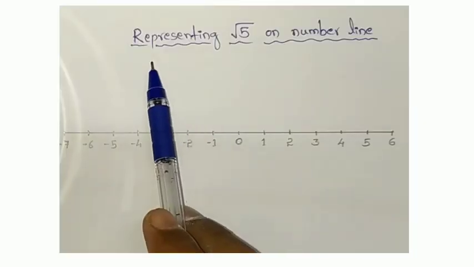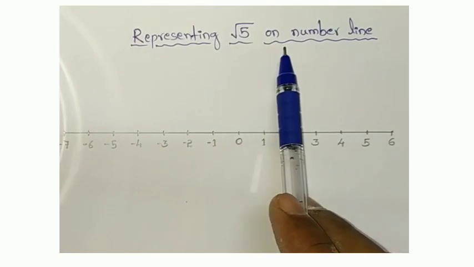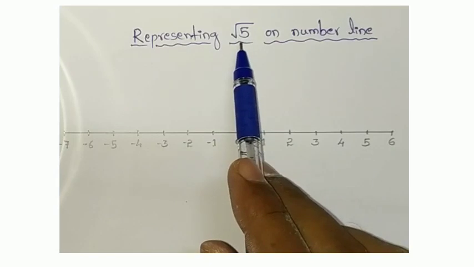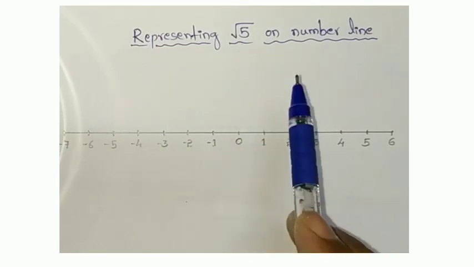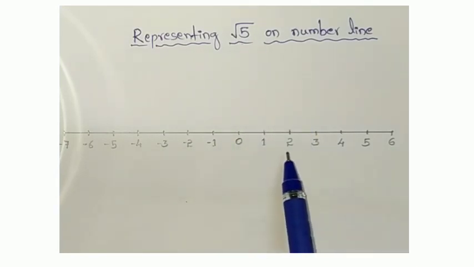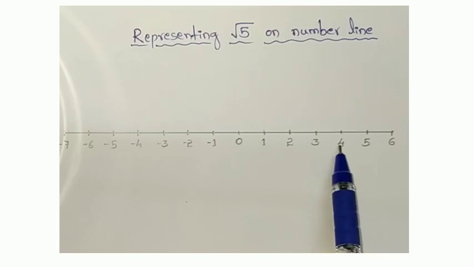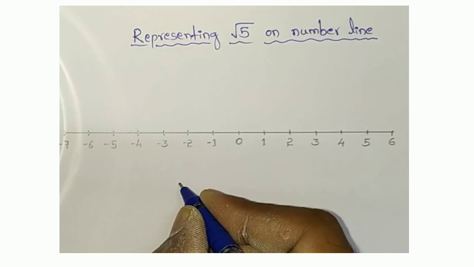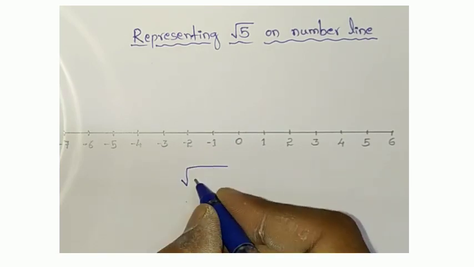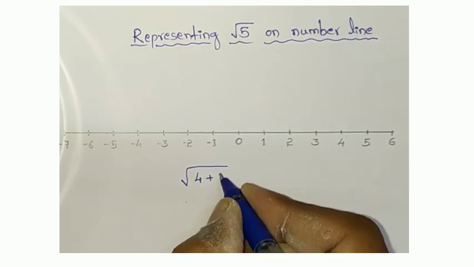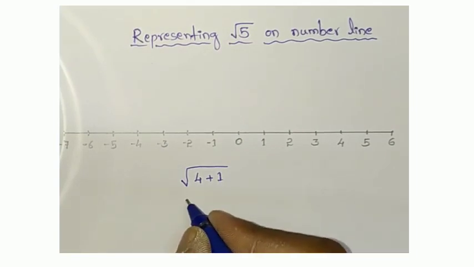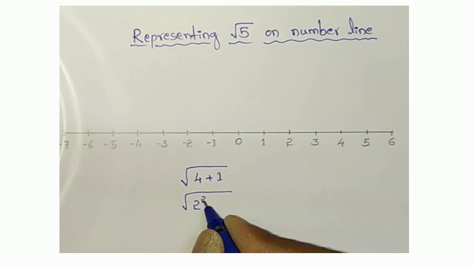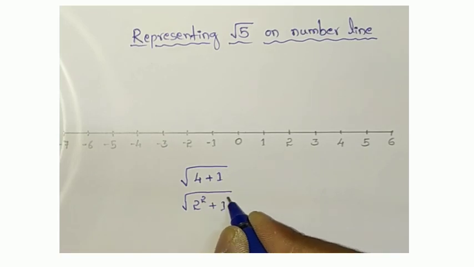Now representing root 5 on the number line. For root 5, the nearest perfect square is 4. The square root of 4 is 2. So instead of writing root 5, I will write 4 plus 1. 4 is nothing but 2 square, and 1 we can write as 1 square.